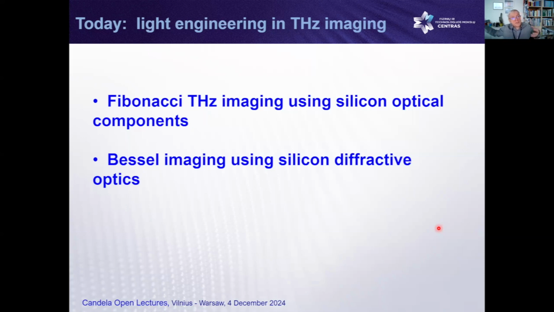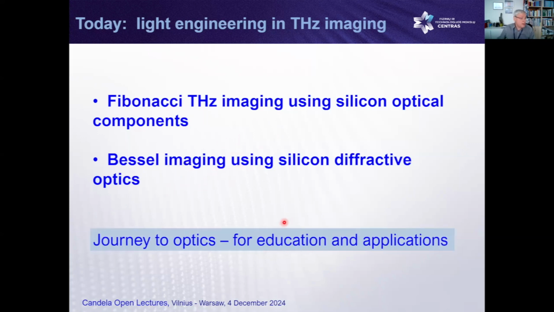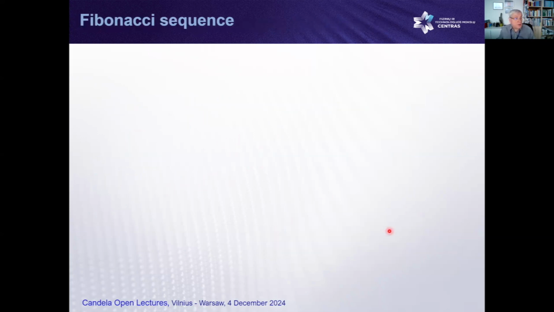It allows to have the same quality of a picture, even if it's out of focus. The main reference is 2 centimeters, because it's mainly the conventional thickness of postal packages. So in fact, we started from Fibonacci and later went with Bessel, and now a journey for education and application.